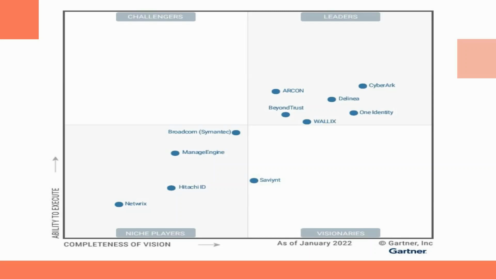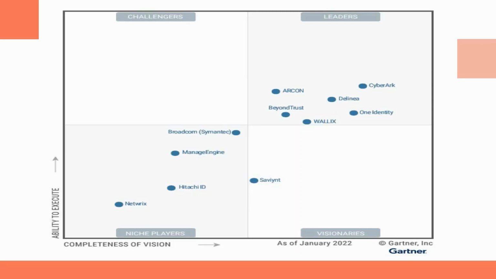Also, this is the Gartner report, and I have copied this from the Gartner website. As you know, my old channel got a copyright issue, so I'm saying this is for information purposes only, and it was available in the public domain.